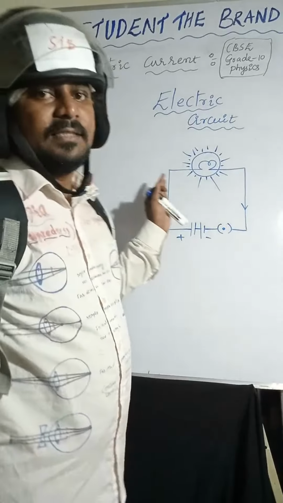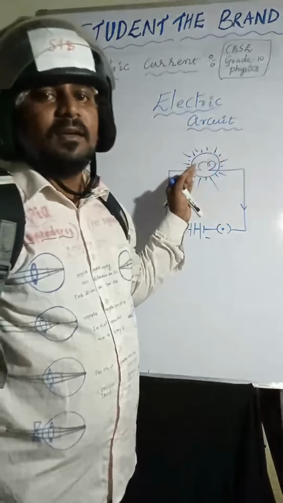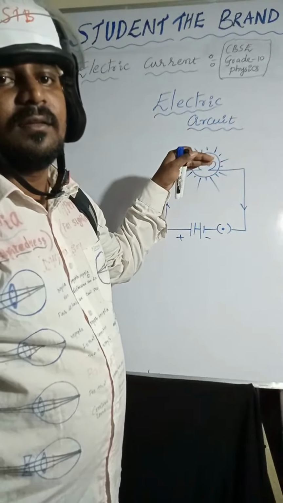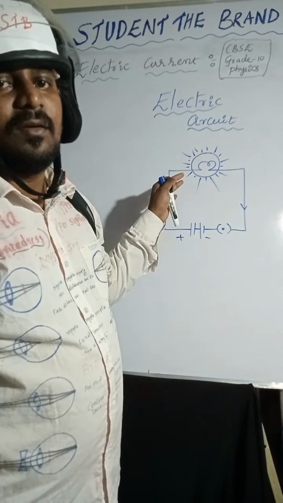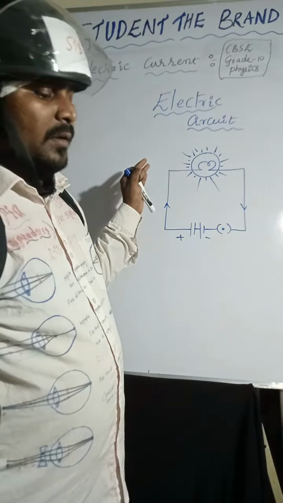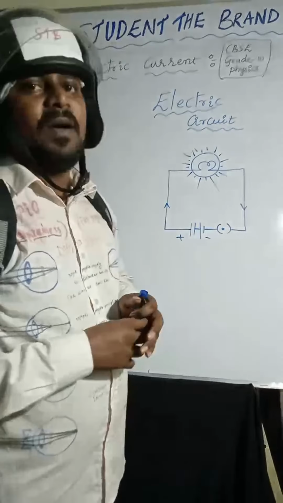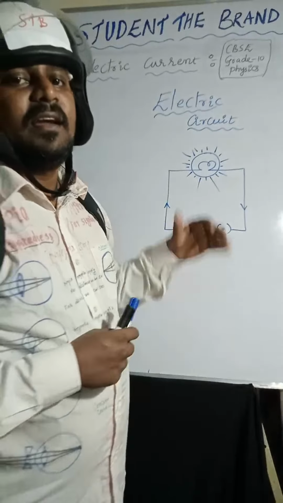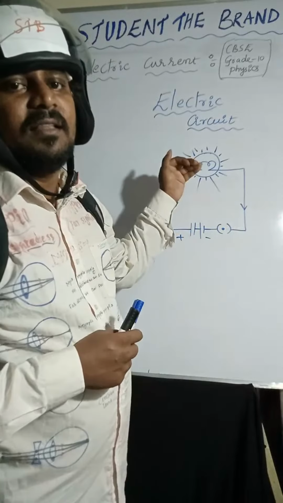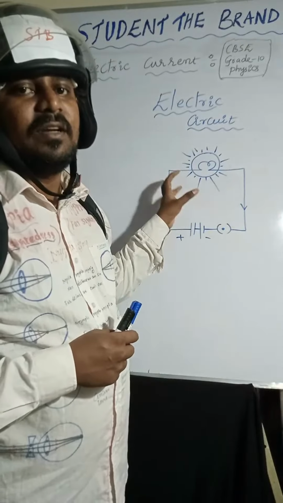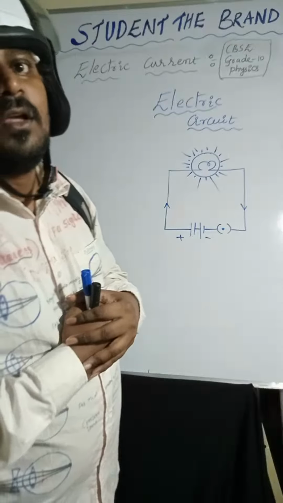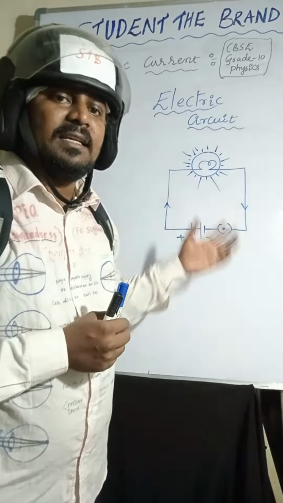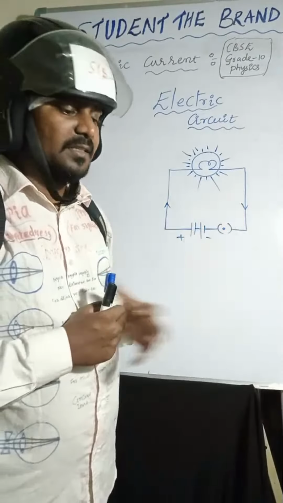Here you can see current is flowing. Yes or no? A continuous and closed path of an electric current is known as an electric circuit.